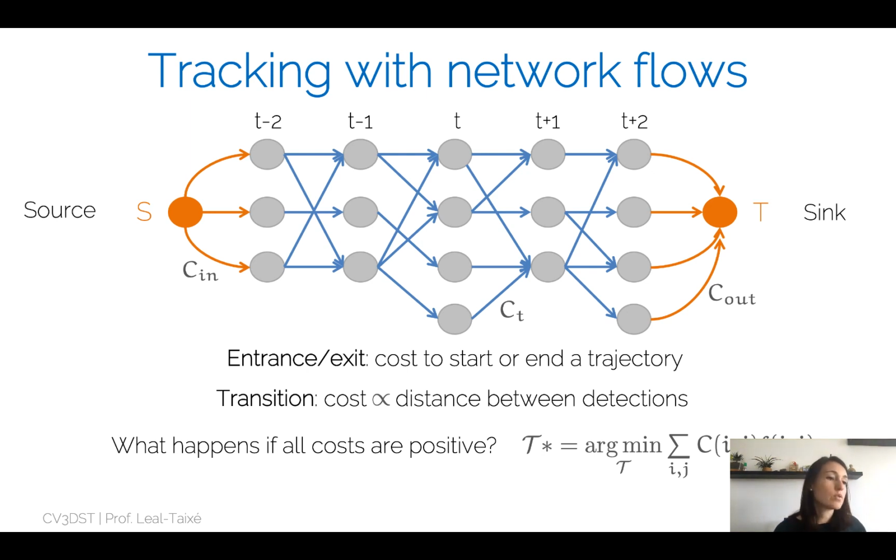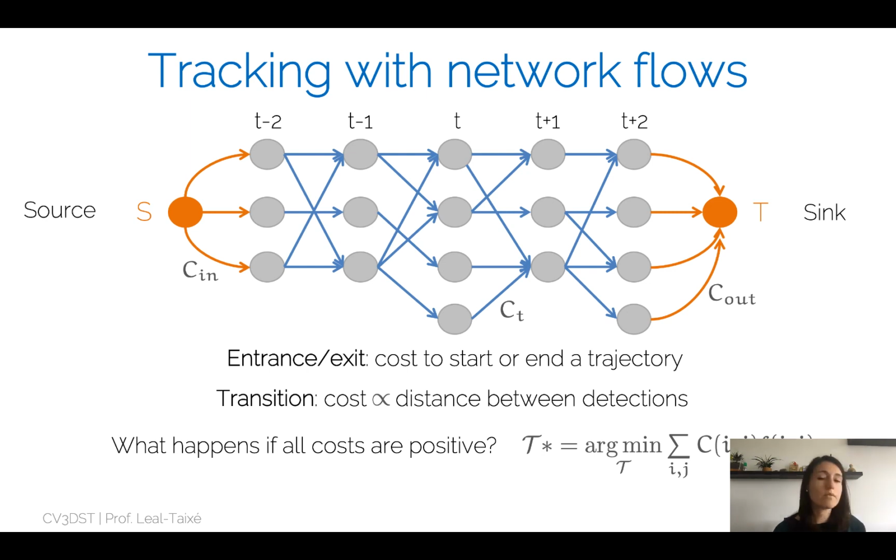One thing that we could do is say, I want to send 11 units of flow, for sure, from source to sink. Then I could solve this problem and I would get the 11 best paths from source to sink. The problem is that I don't know how many pedestrians I have in the scene. So I cannot define it like this, because there could be 11 pedestrians, 40, 30, or just one.